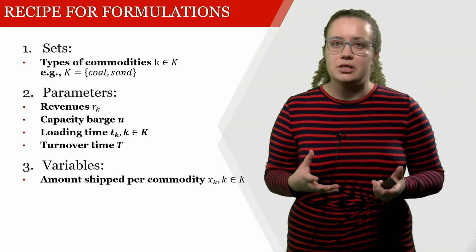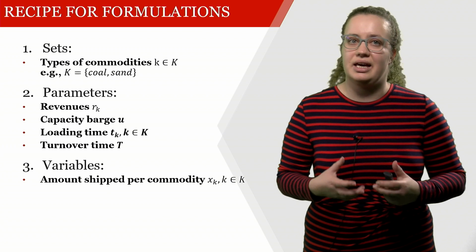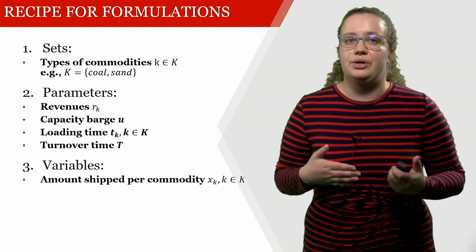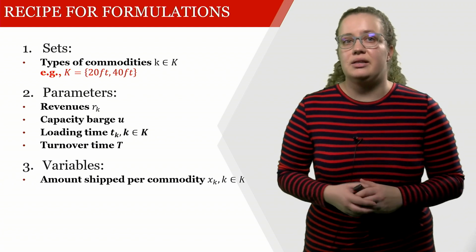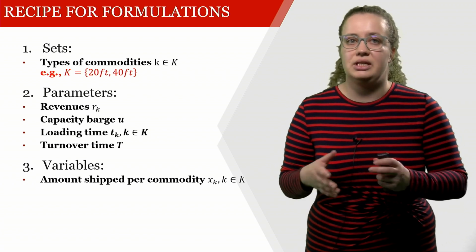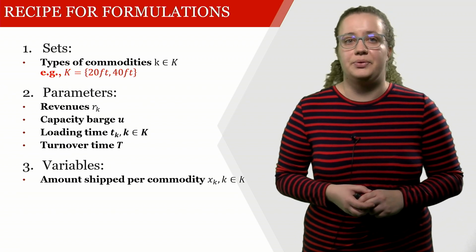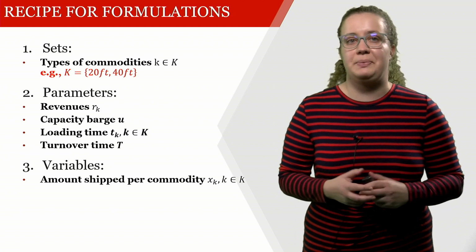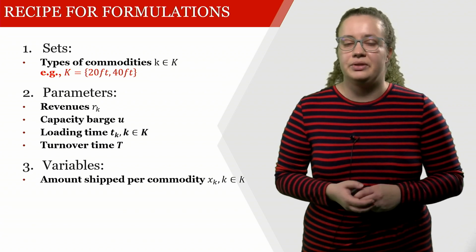So what we previously saw is the sets: commodities, a type of commodities, k in K, which is then, for instance, coal and sand. But now, of course, K is, for instance, 20-feet and 40-feet equivalent containers. Then we have our parameters, revenue, barge capacity, loading time, and turnover time, and they stay the same.